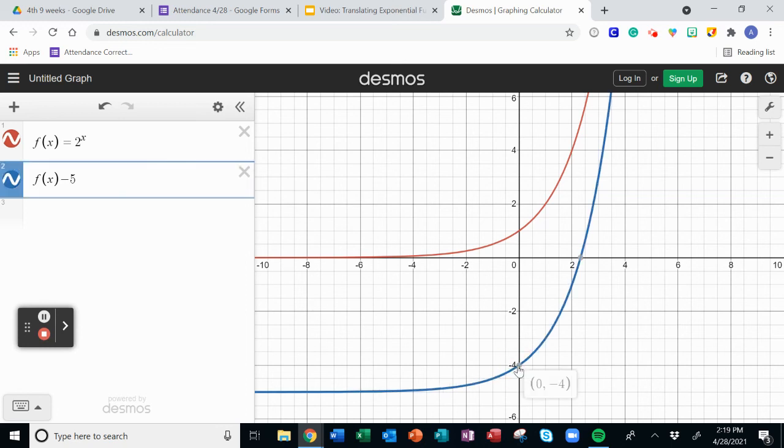So our y-intercept is at -4, and our asymptote, like I said, correlates with this -5, and so if we have -5 here, our horizontal asymptote is going to be y is equal to -5.